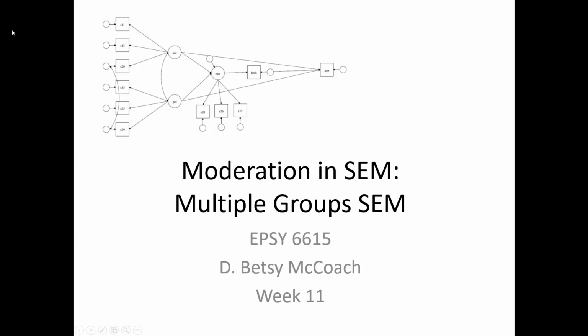You could mention the error variances in the original code or not, and it's not going to matter because by default Mplus is not going to constrain them to be equal. But as soon as you want to constrain the error variances to be equal, you are going to have to mention those error variances in both sections of your code. First, up here in the main part, and give it a number or a letter or a word. And second, down in the subgroup part, and give it the same letter or number or word. Yeah?